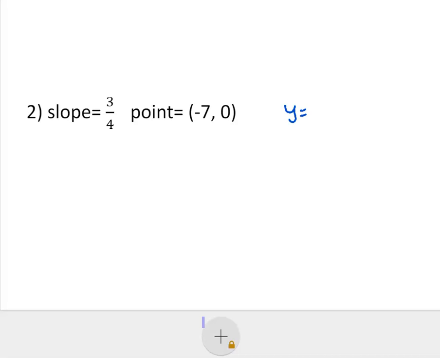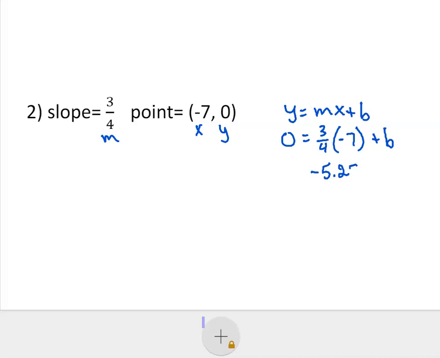Once you've tried it, remember you're using this formula. You're given the m, the x, and the y. We're going to substitute in what we know. If I do 3 divided by 4 times -7, I'm going to get -5.25.